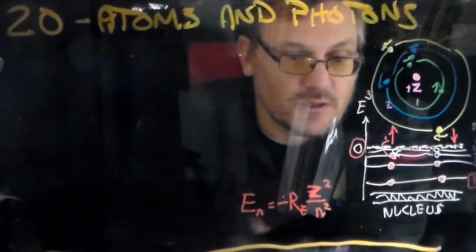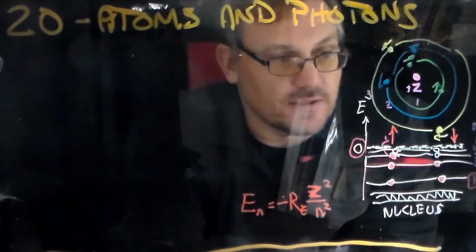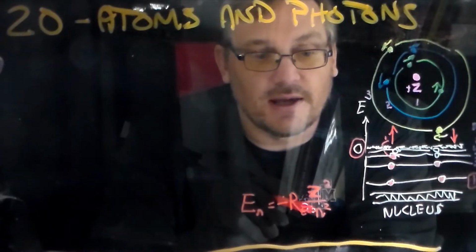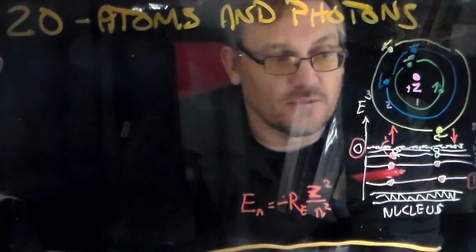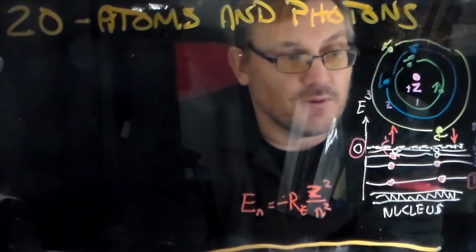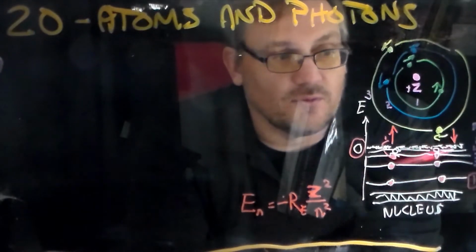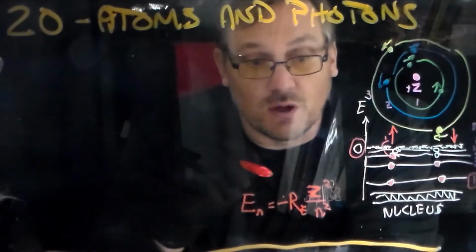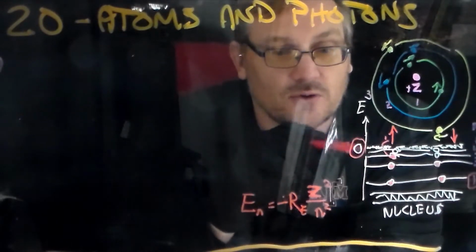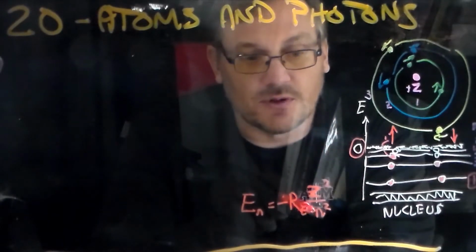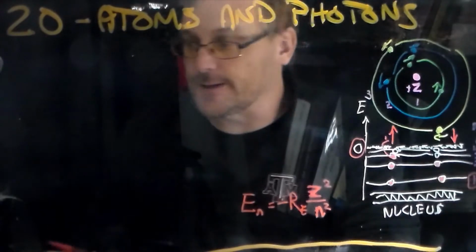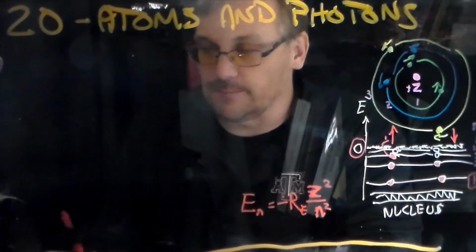So the second energy level has 1/4 the energy of the ground state. The third has 1/9, the fourth has 1/16, and so on. So the amount of energy just keeps reducing as you get closer and closer to zero. But you never get to zero because n is always less than infinity. It's a real number.